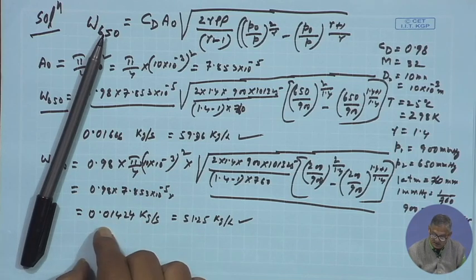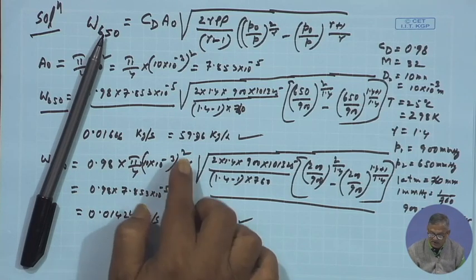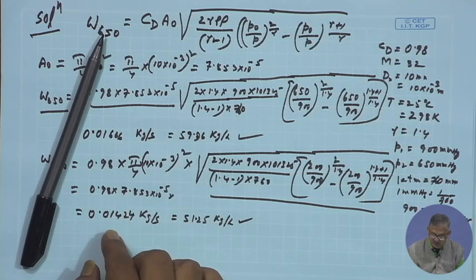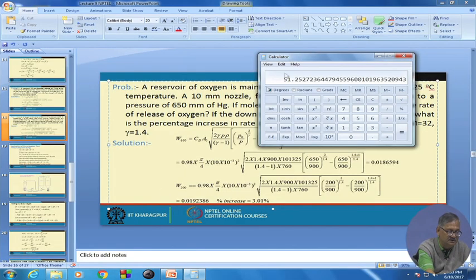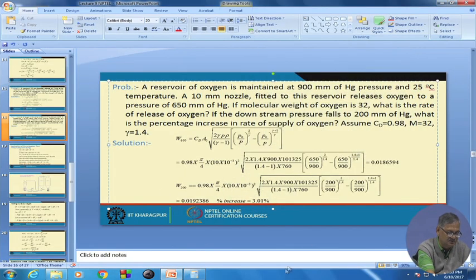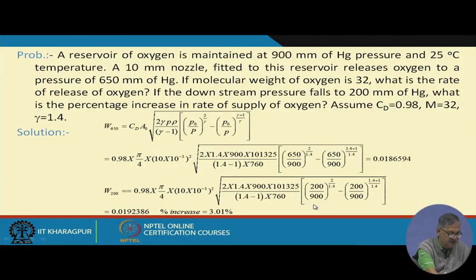So it is coming to be decreased, 59 to 51. So it is coming to be decreased, but actually it is increased. That's what it is being shown, that this is becoming an increase, and this increase is W650 that we have found out. Otherwise we have not done anything wrong.